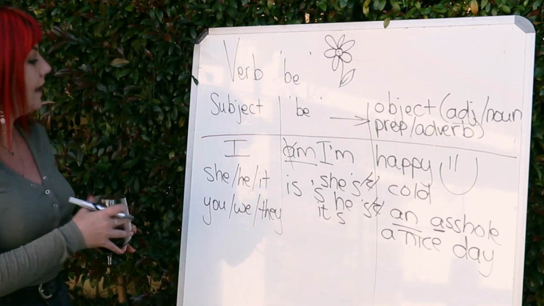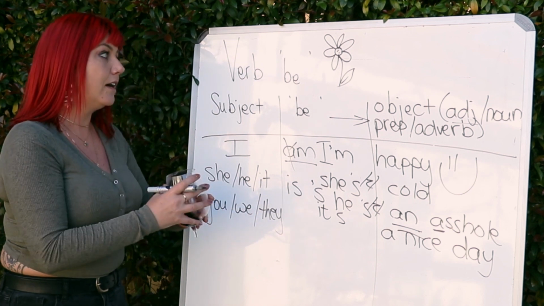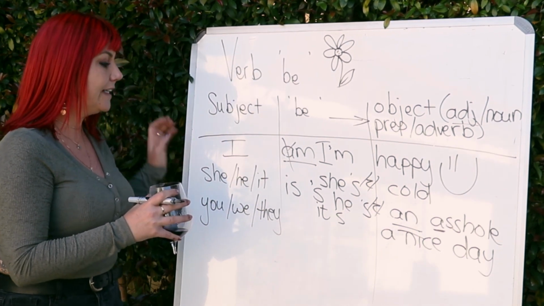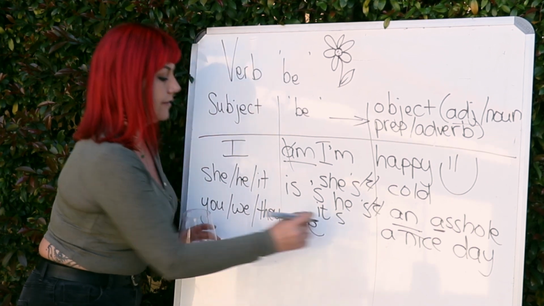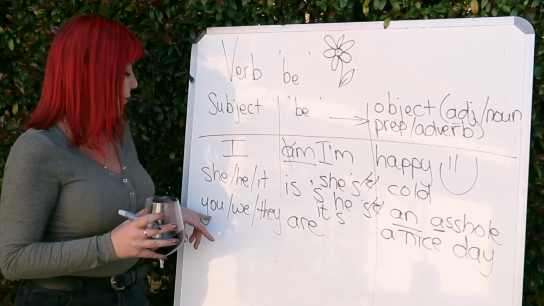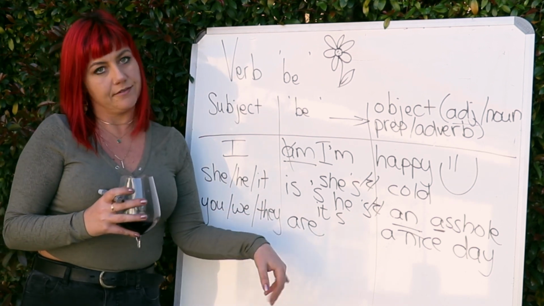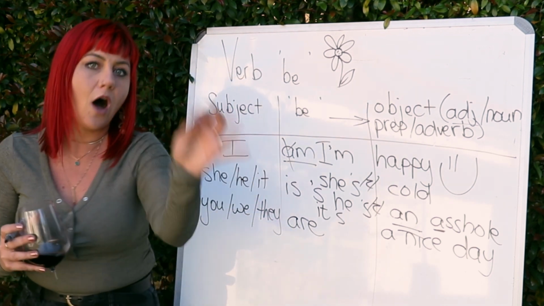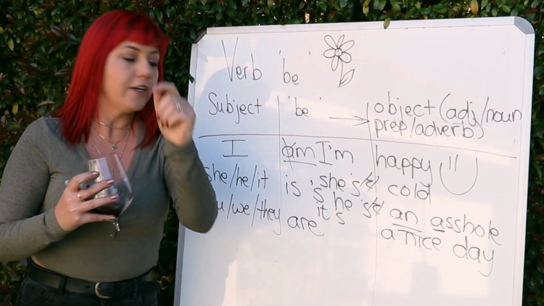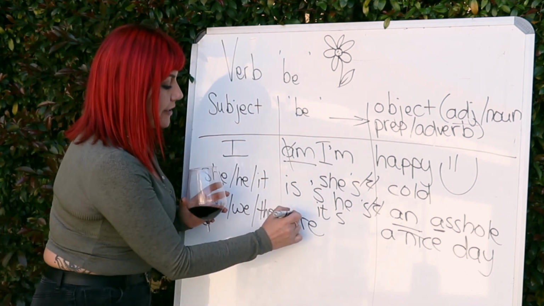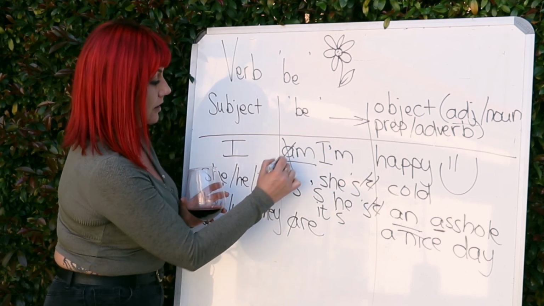Okay, cool. And then you, we, they. This is gonna fall for sure. You, we, they takes are. Cool. So you are, we are, they are. But again, we don't say you are, we say you're. Again, are you noticing that we're taking away each of the vowels?